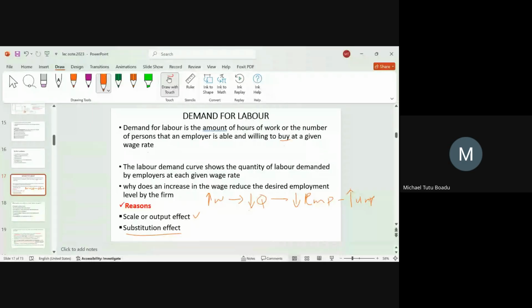Then we have the substitution effect. The substitution effect means that if the wage rate increases, assuming I am using two factors, and the wage rate for one of the factors goes up, then I would reduce demand for the factor whose wage has gone up, and increase demand for the factor whose wage remains unchanged.